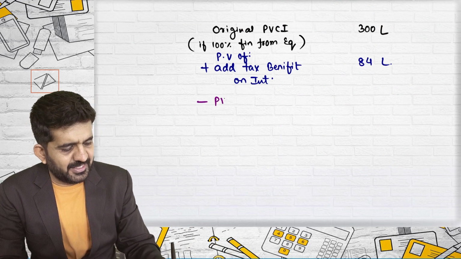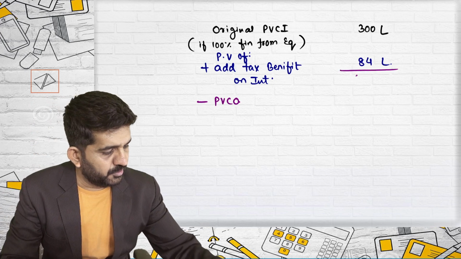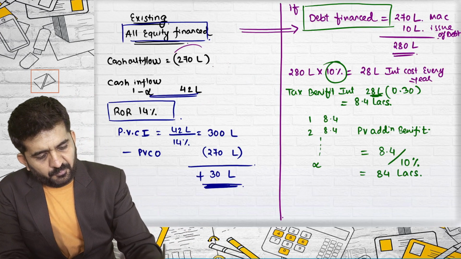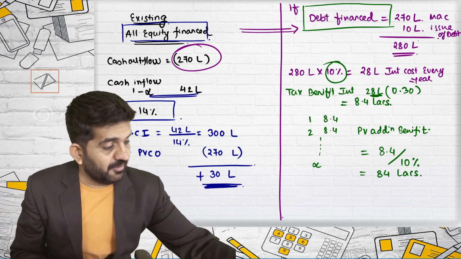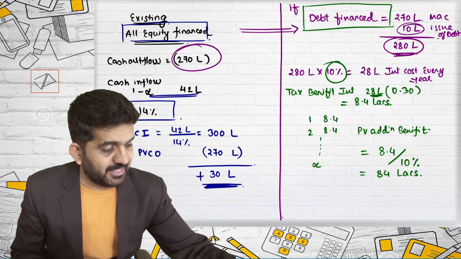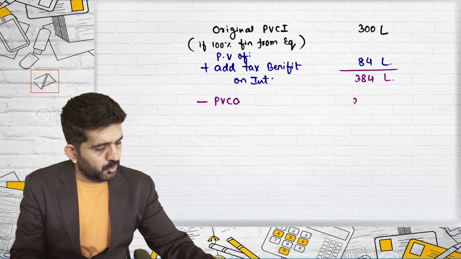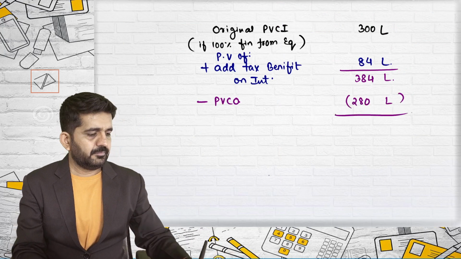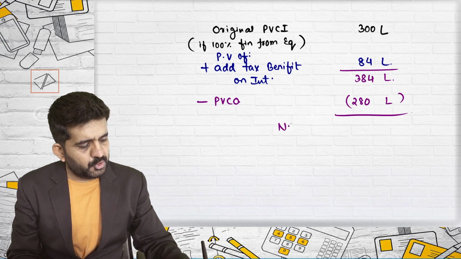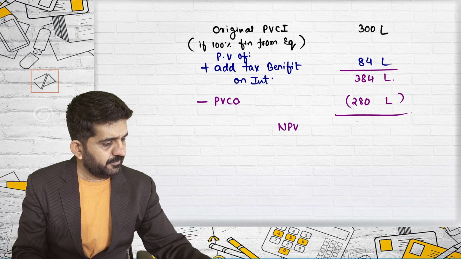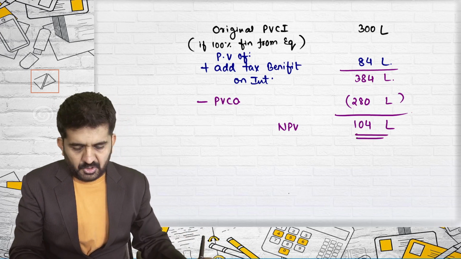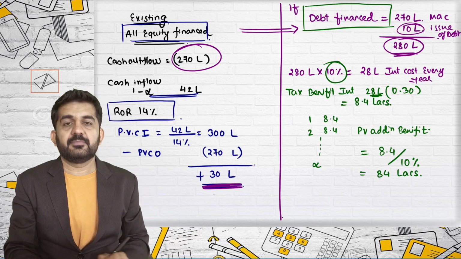Minus present value of cash outflow. This will be 384 lakhs and present value of cash outflow will be 270 lakhs. No, now it will be 280 lakhs because 10 lakhs rupees has increased. So it will be 280 lakhs. And so my NPV will become 104 lakhs, which will be greater than this.